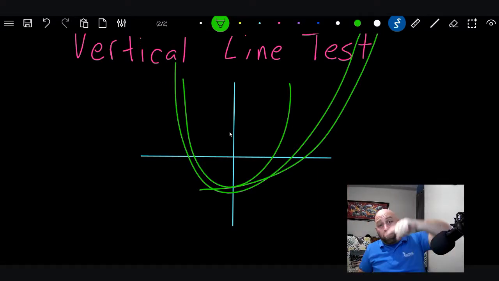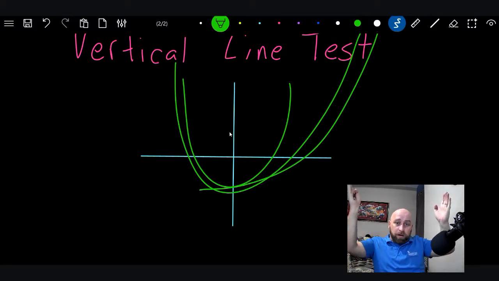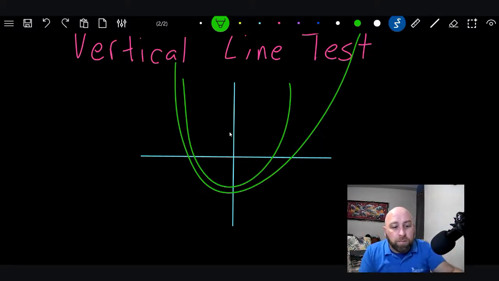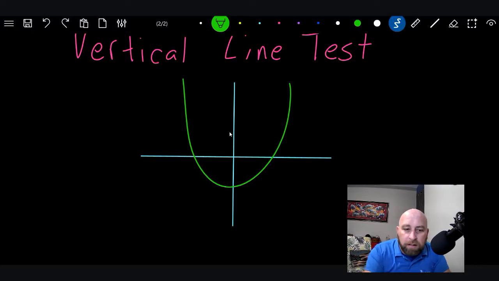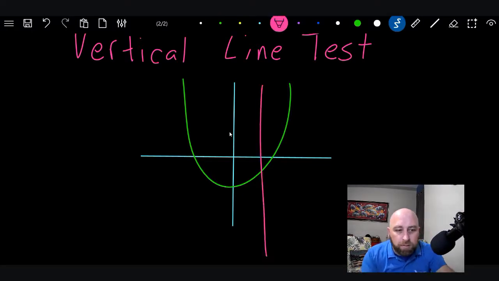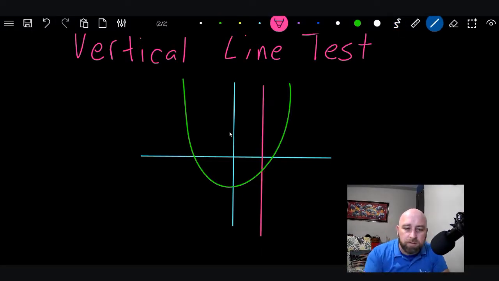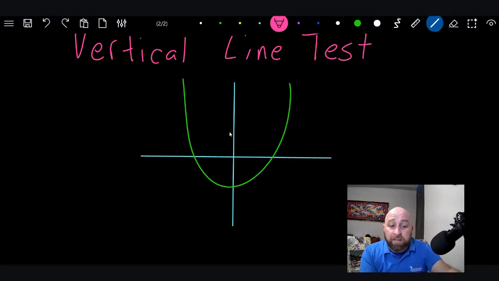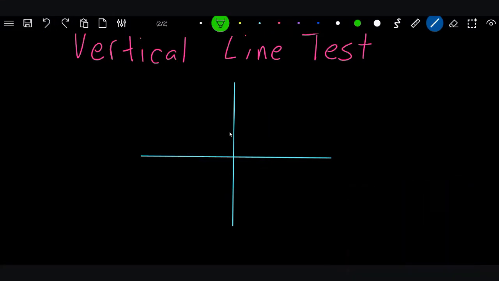And so if we could draw that line up into infinity, it would eventually touch your parabola. It would. So put your line somewhere inside the parabola so you at least get it to touch once. Okay? And then that's the question, the vertical line test. Does it touch? Now, sometimes in algebra we get parabolas that go this way.